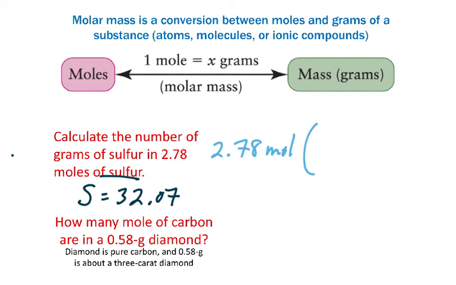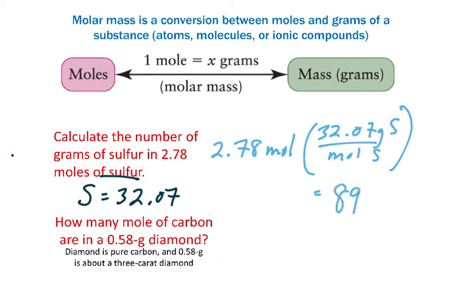And then now I want grams of sulfur to mole of sulfur, and that gives us 2.78 times 32.07, which is 89.2 grams of sulfur, right? If 1 mole is 32, then more than one mole should be more than 32.